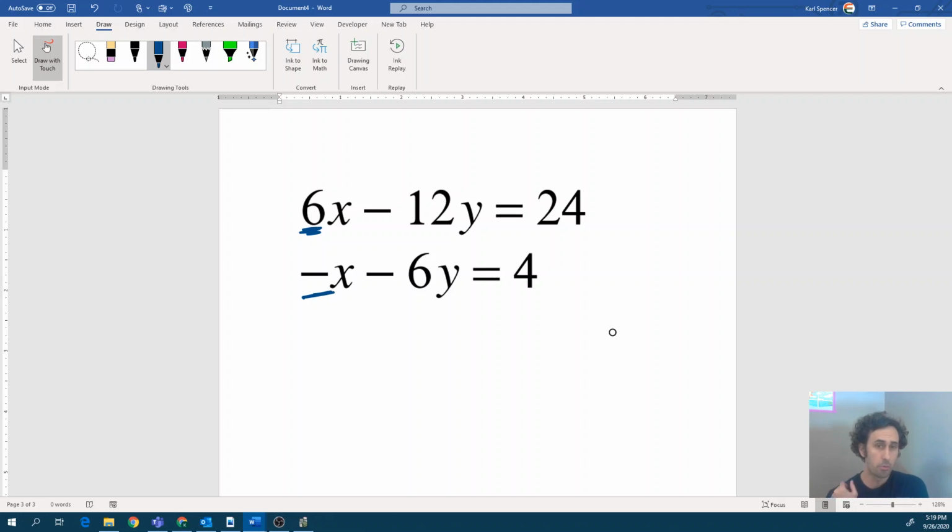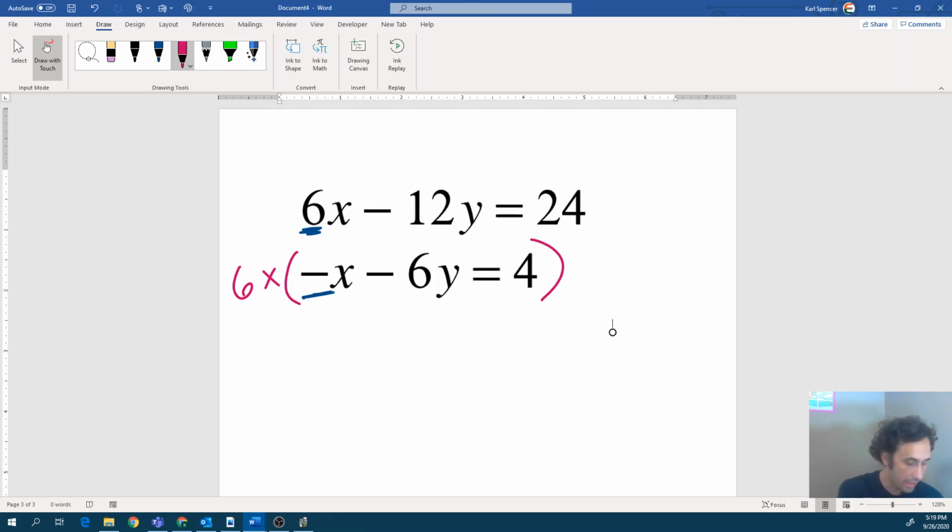What I'm really looking for is that for the two equations, they're opposites of each other. So if the first equation is 6x, can I make that second equation a negative 6x somehow? Well, I can. I can make that second equation a negative 6x if I multiply this whole equation by 6.